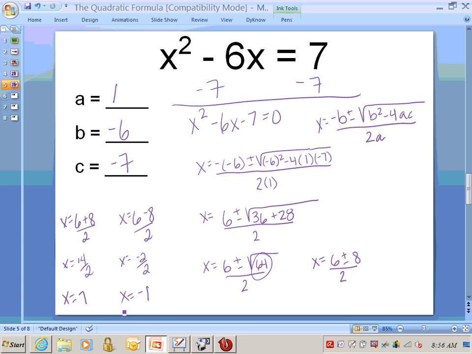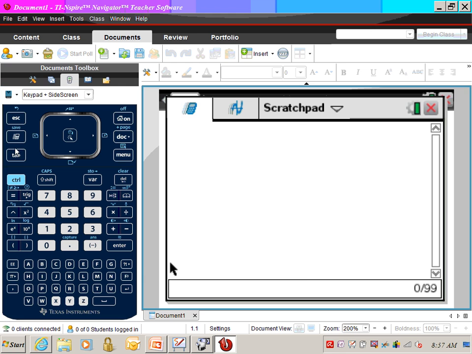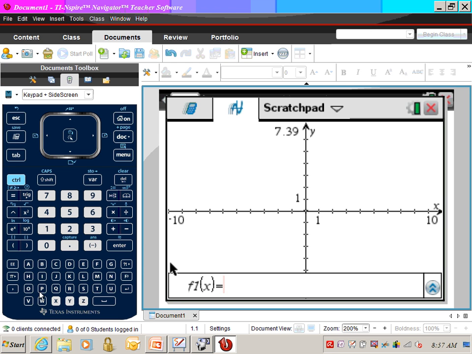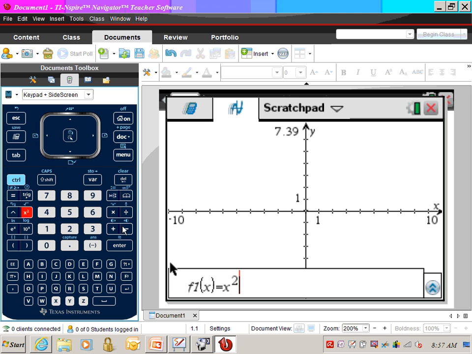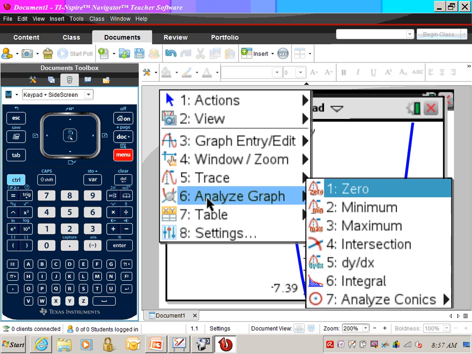Okay, do y'all want to check it real quick? If you check it in the calculator, you've got to put in this. You can't put in the original because it's got to be set equal to y or equal to 0, right? So if I put in x squared minus 6x minus 7, menu, analyze, zero.